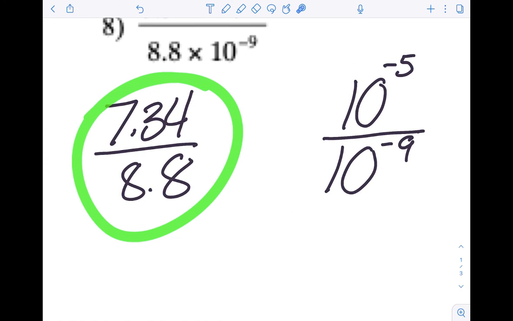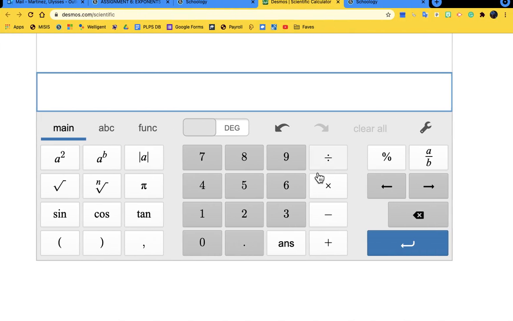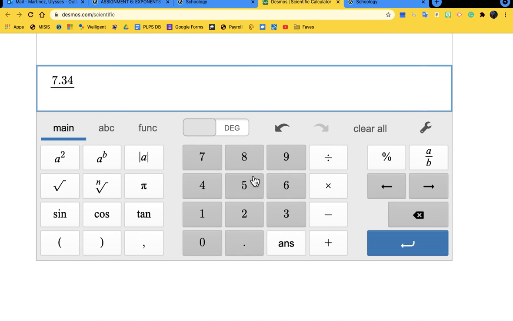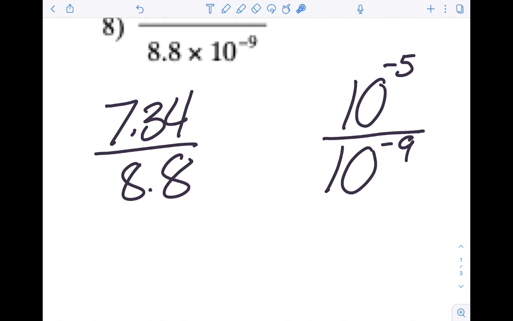For this, kiddos, I'm going to use a calculator. 7.34 divided by 8.8 gives me 0.834. I'm going to stop right there.